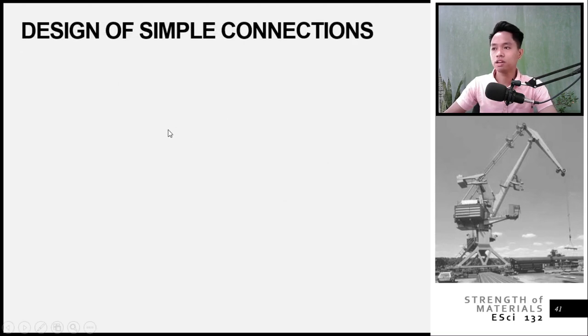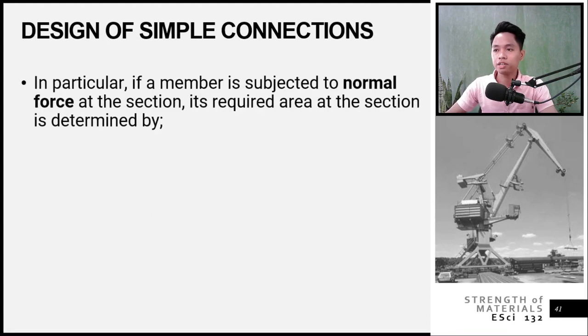So, for the design of simple connections, right? In particular, if a member is subjected to normal force at the section, its required area at the section is determined by, first, we just manipulate the equation for your normal stress, di ba? Your stress is equal to force over area. Therefore, if wala ka kabalo sa area, because again, we are doing design.